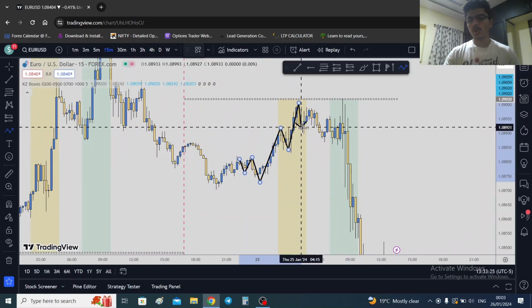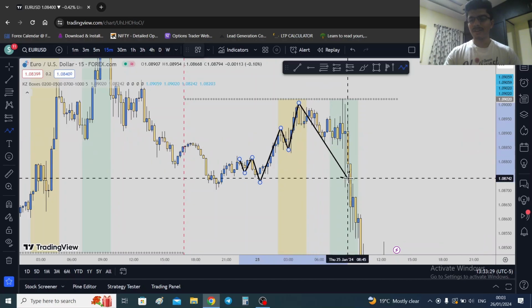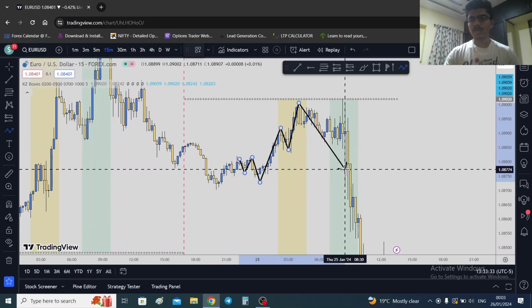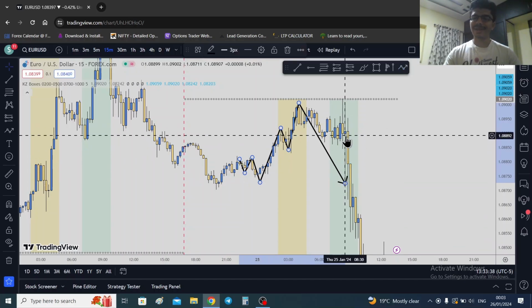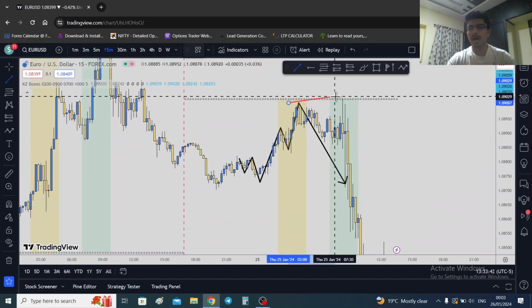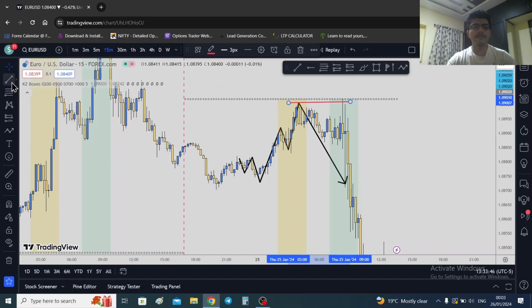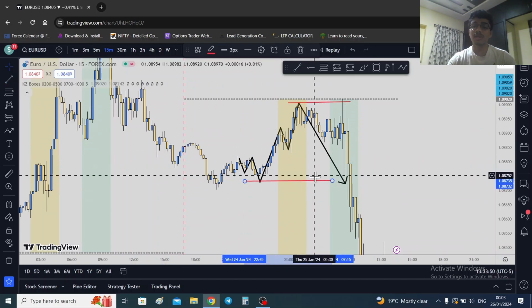There is no lower low till this point, but when we have this 8:30 news candle, we have the low of the range. Once this 8:30 candle closes, we have a lower low. So now we have identified the high of the range and the low of the range.